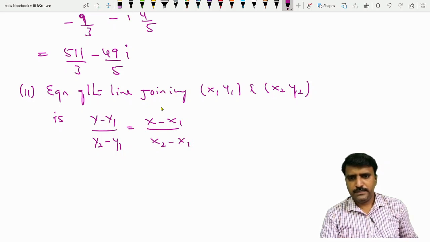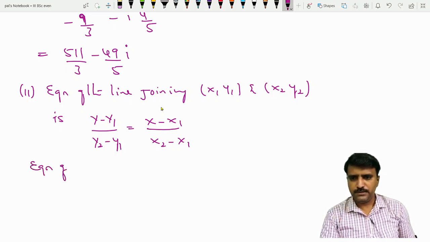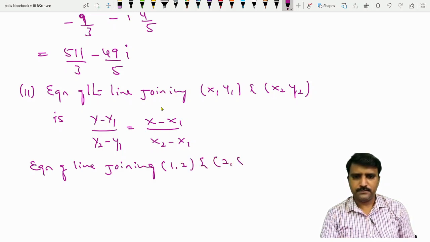Okay, so here we have to find the equation of the line joining the points 1, 2 and 2, 8.